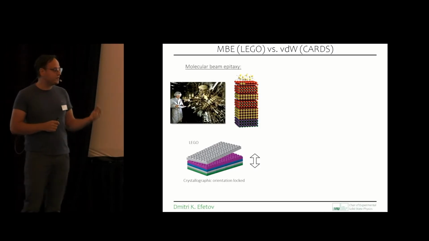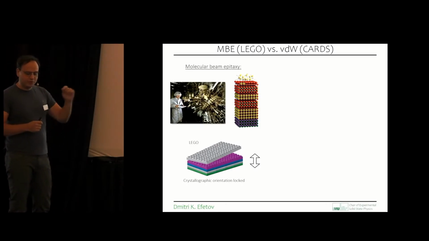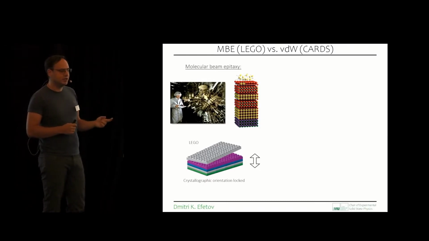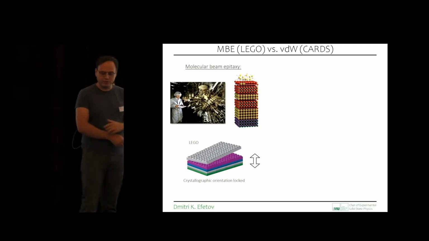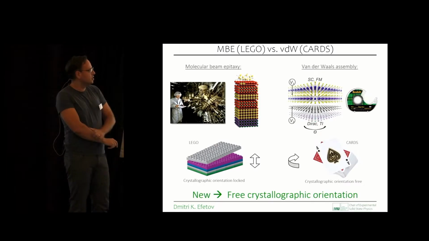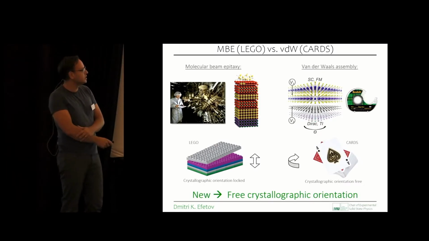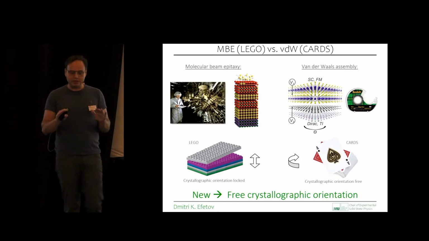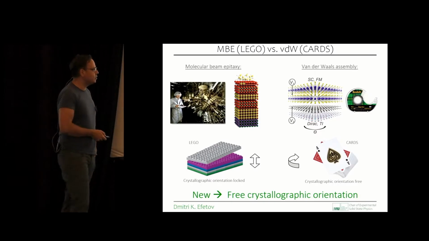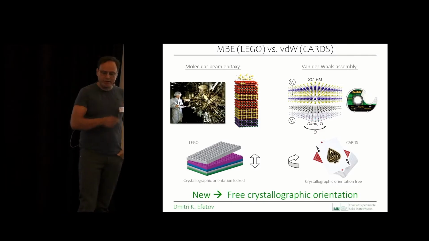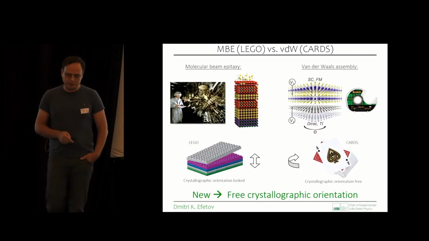Because you start here with a simple atom, every time you grow a crystal like that, it inherits the crystallographic orientation of the underlying material, so you cannot do any of the moiré physics. And this is really special here for van der Waals materials. We start with two-dimensional materials already. And so we can really manipulate them with this twist angle, and we can really create these moiré heterostructures.